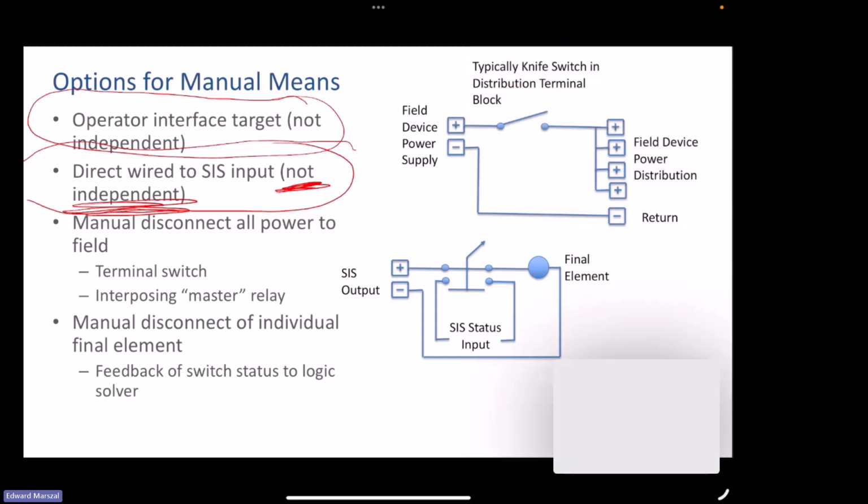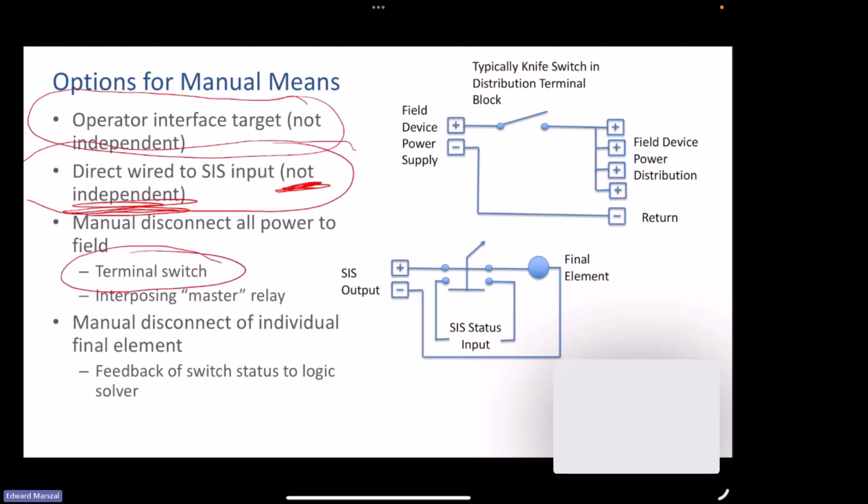The two things that you're seeing on the right-hand side of the screen represent a couple of mechanisms that are available to actually manually disconnect power independent of the logic solver. So the first mechanism, which would have been of great use to Vic Majoli when the toilet overflowed, is a terminal switch.